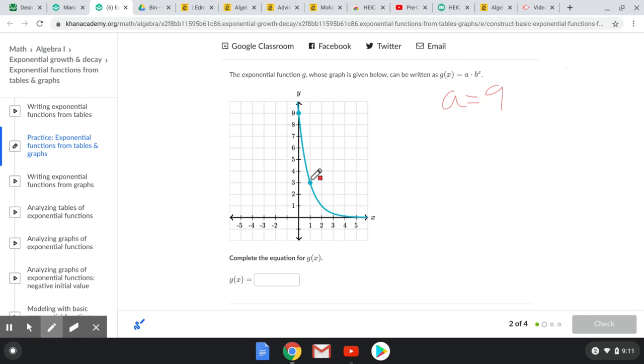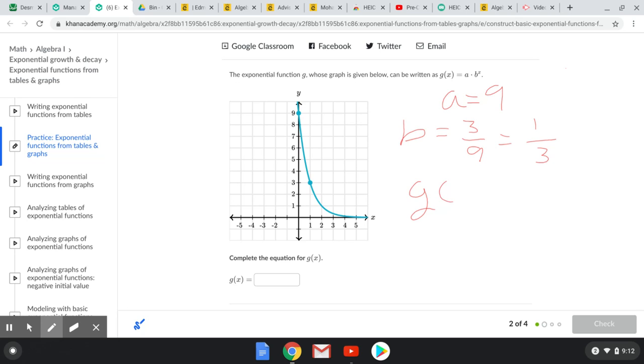But I can also do the same trick that I did before. I can take this point and I can say, okay, my next number is 3. So I can do 3 divided by 9. So 3, remember, next divided by previous, same deal. 3 divided by 9 is 1/3. So b equals 3 divided by 9, which is 1/3.